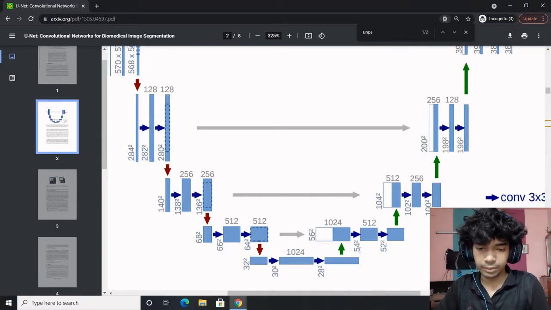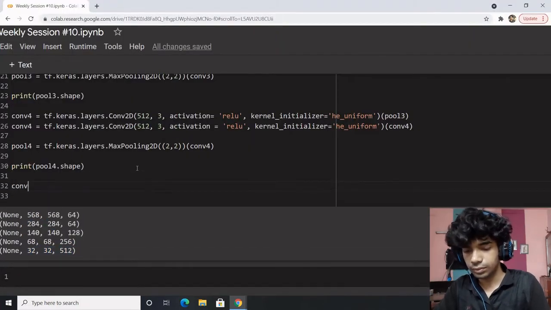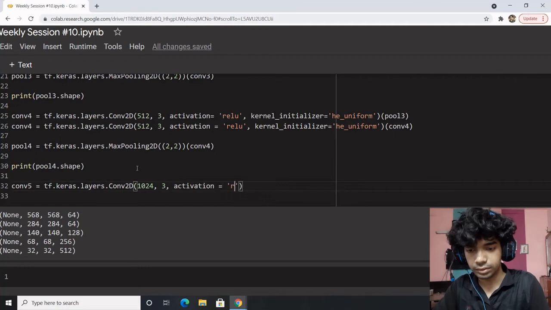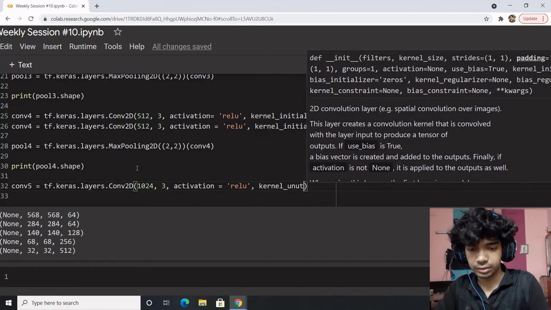Now we have two more operations. 1024 filters, convolution 5, tf.keras.layers.Conv2D 1024, 3, activation equals ReLU, kernel initializer.